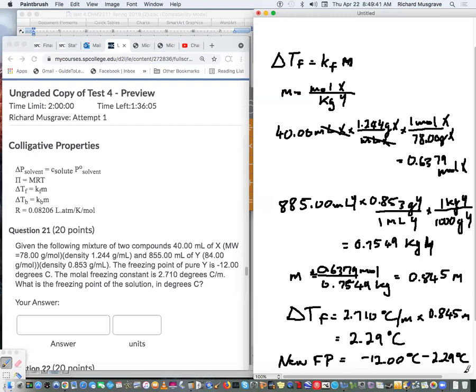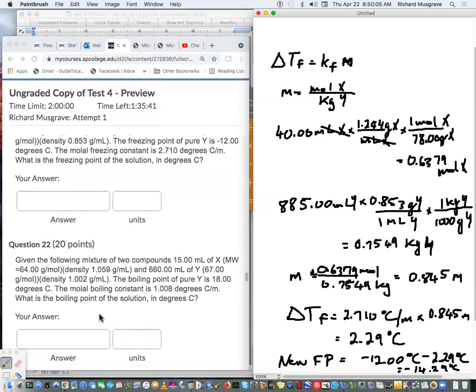So I get minus 14.29. All right, does anybody have any questions about number 21?